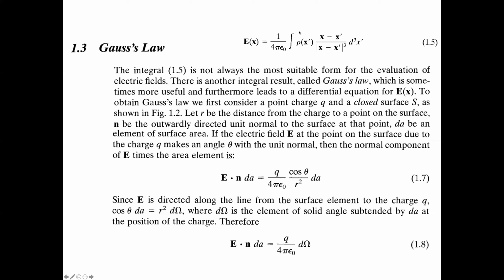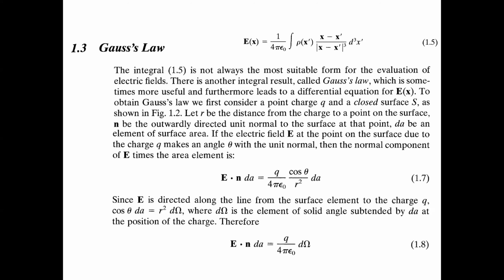And then this is the relationship between E and your charge. However, this equation is not always convenient for all situations. There is another integral result called Gauss law, which is more useful sometimes, and it can easily lead to a differential equation of E.